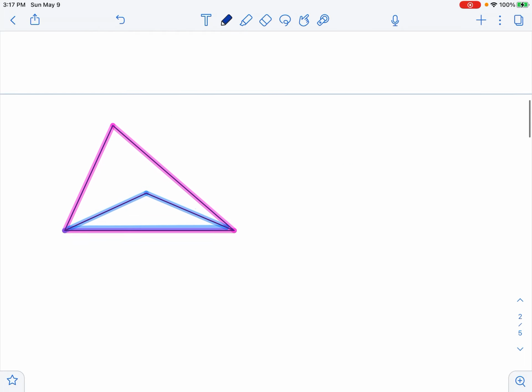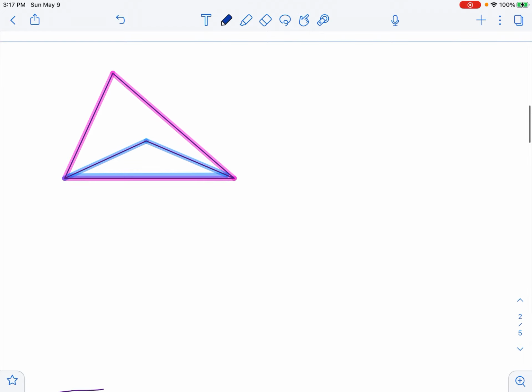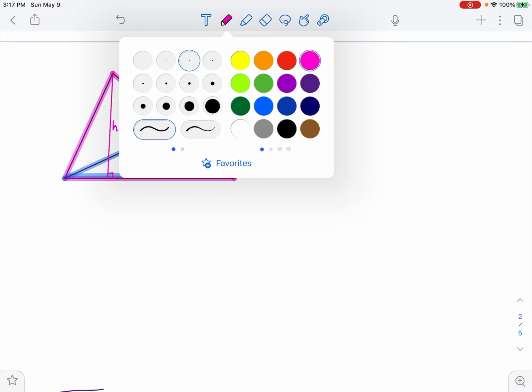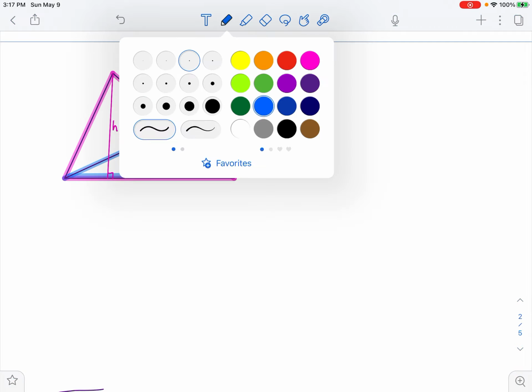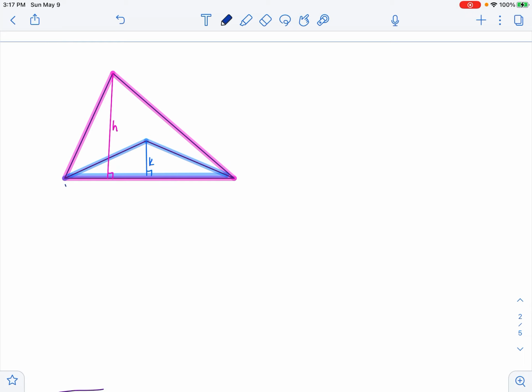All right, similar picture. Let's take a look. I have two triangles here. My pink triangle has a height that I'll drop down like this, and I will call this height H. My blue triangle has a different height that I'll drop down here, and I'll call that one K. But note on both of these, what is the base?